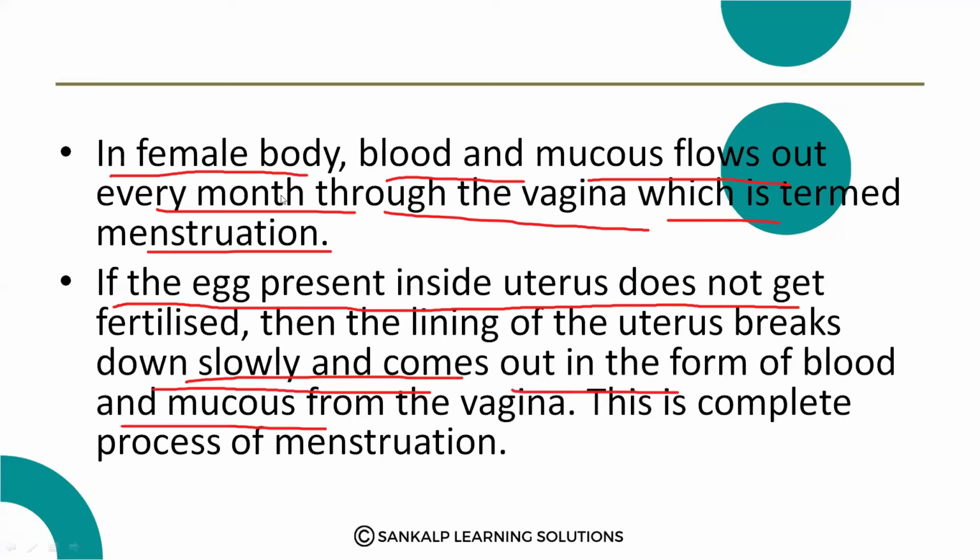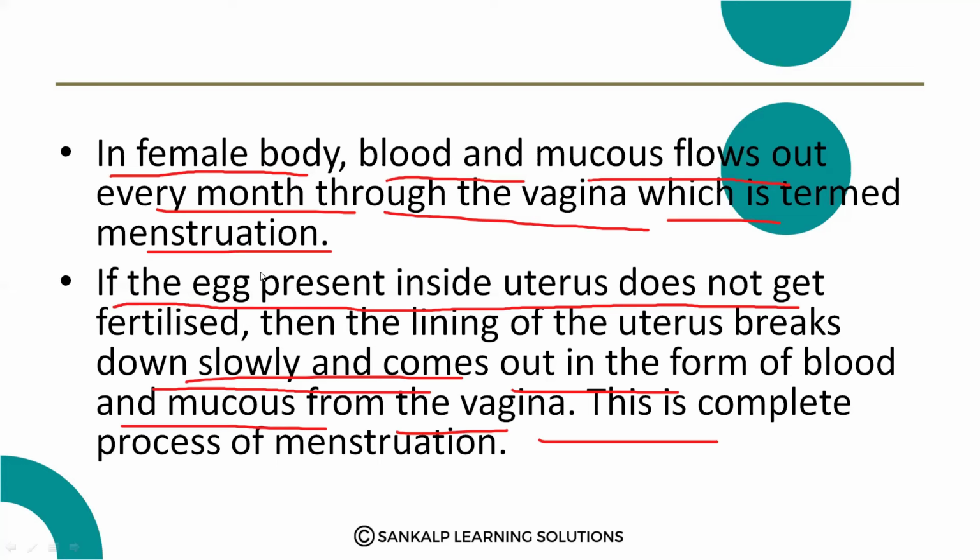And oral contraceptives, these tablets contain hormones, and the hormones prevent the pregnancy. Okay, so that is called oral pills. And implants and surgical methods.